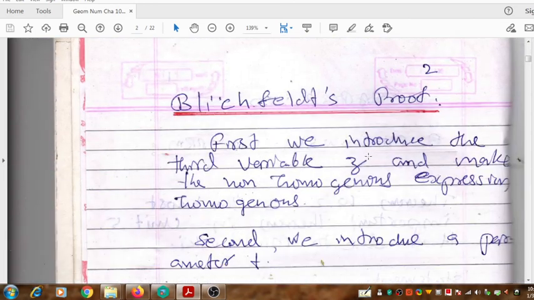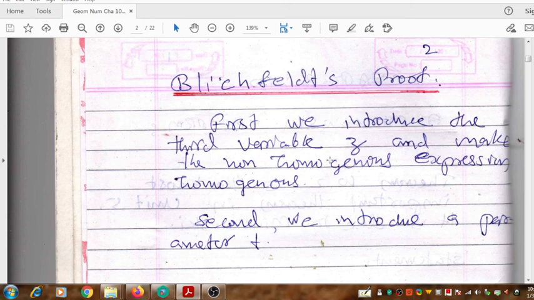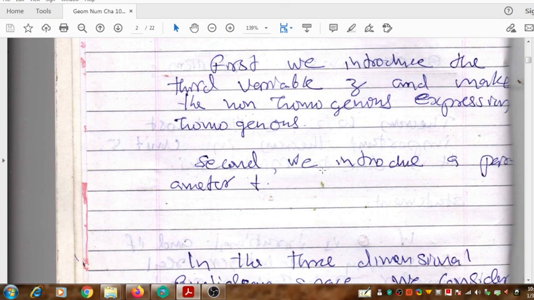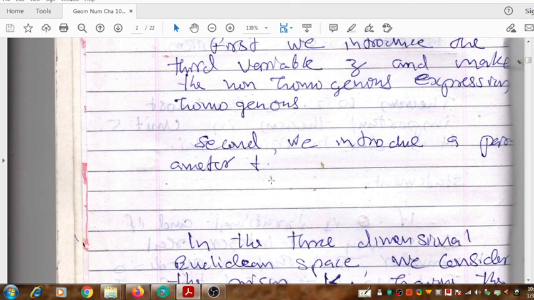In addition to that, in order to develop the steps of the proof, we introduce the variable z, and also we use a parameter t.